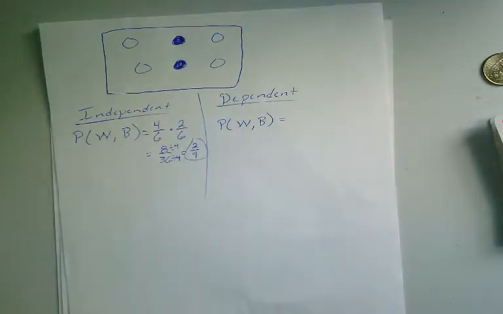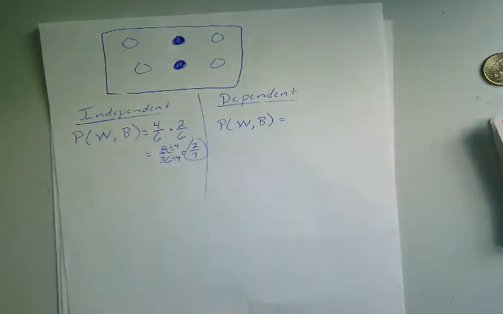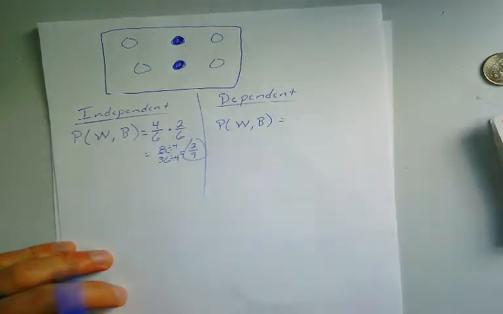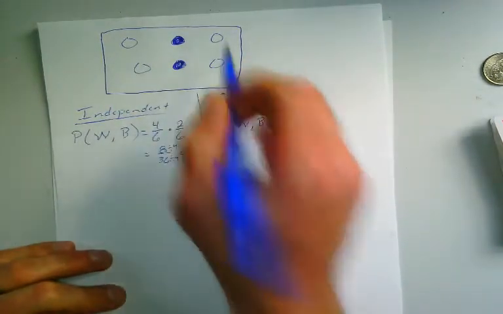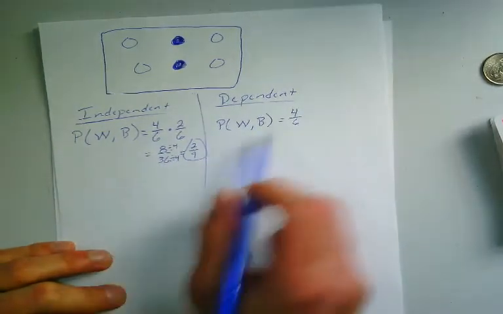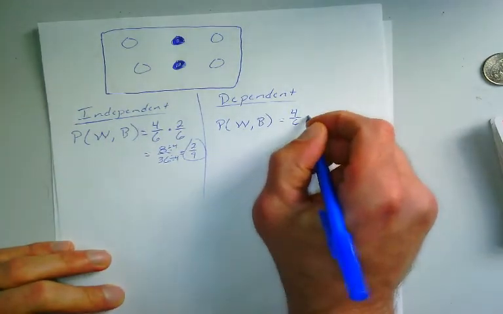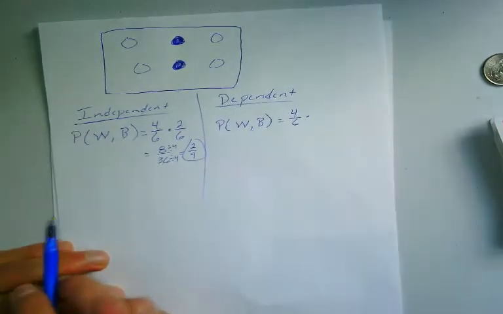Now, for dependent events, what's the probability that I draw a white, keep it out, and then on my second one, I draw a blue? This is dependent because I'm not putting that first marble back. So the probability of getting a white on my first draw is still 4 out of 6, because I have 4 favorable marbles, 6 total marbles. Now I need to multiply that by the probability of getting a blue.